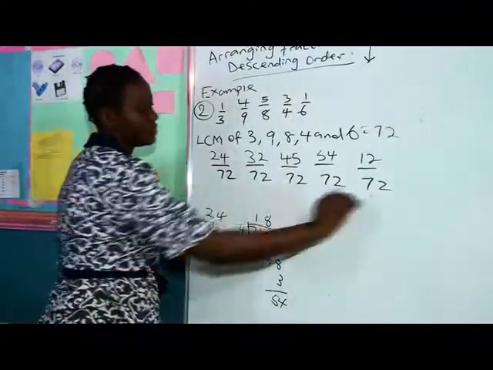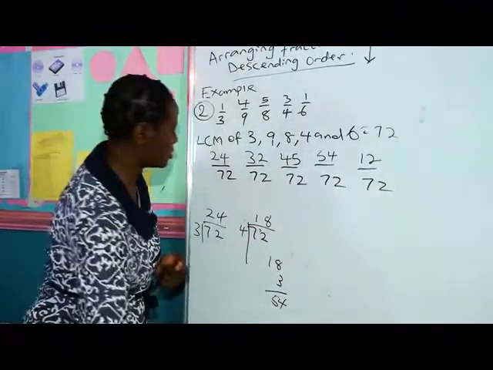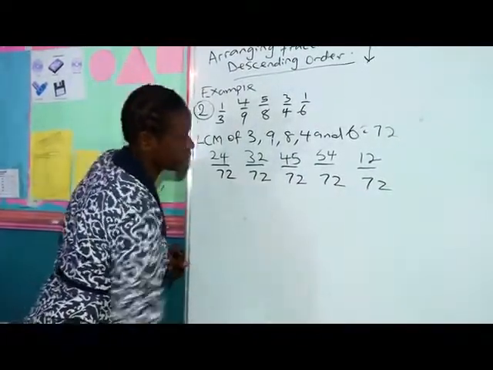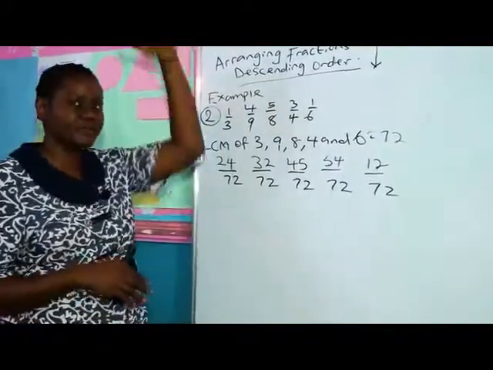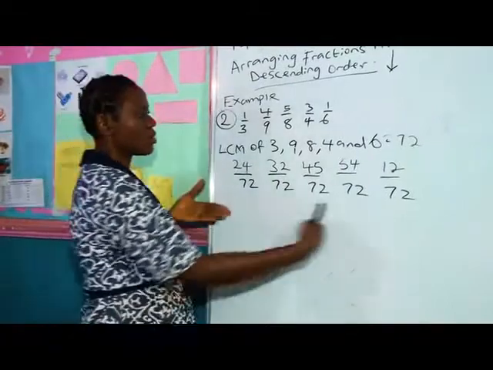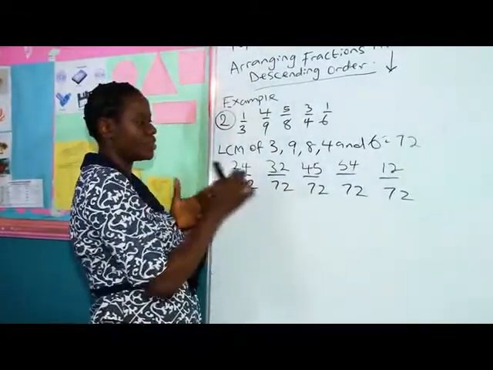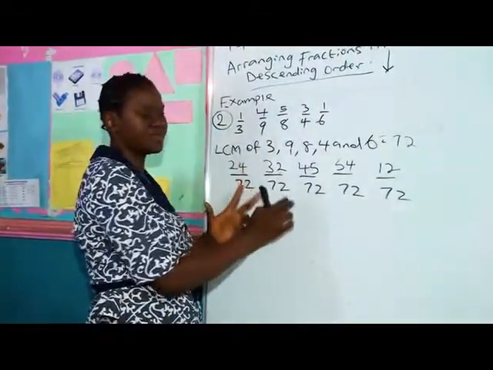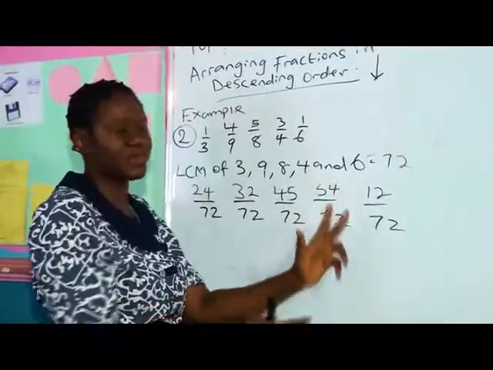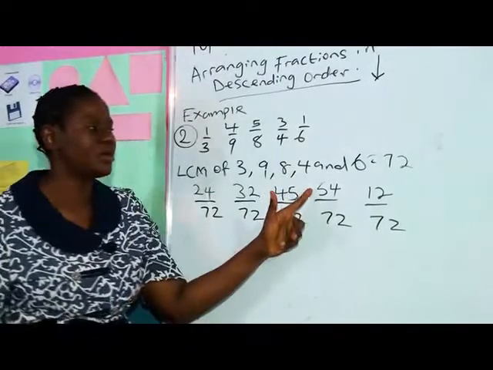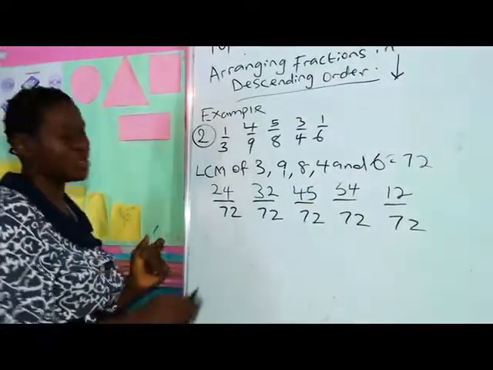I've succeeded in having the same denominators. The next step is to arrange in descending order from the highest to the lowest. What number is highest here? 24 over 72, 32 over 72, 45 over 72, 54 over 72, and 12 over 72. Sure, 54 over 72.